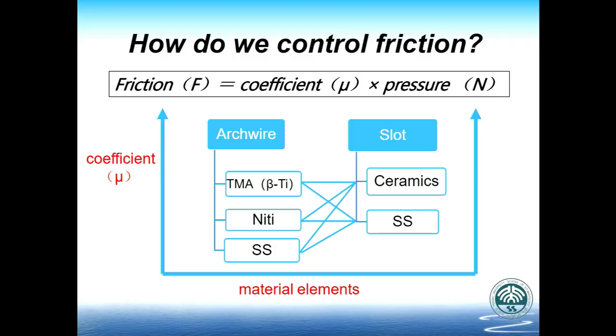And for the bracket slots, we have ceramic brackets, and we also have stainless steel brackets. Compared with TMA and nitinol wire or ceramic brackets, the combination of stainless steel archwire and slots has the minimum coefficient, meaning the lowest friction force.